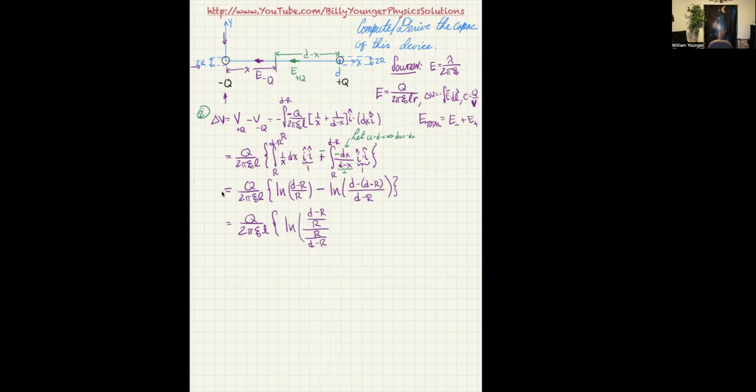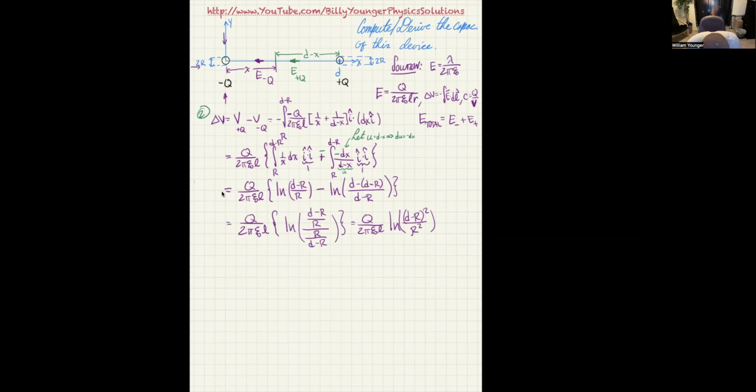So when you divide by a fraction, that's the same thing as multiplying by the reciprocal of the fraction. So if I take that bottom fraction, which is r over d minus r, I have to flip that over. That's going to become d minus r over r. So I end up getting q over 2 pi epsilon naught L times the natural log of d minus r squared over r squared.